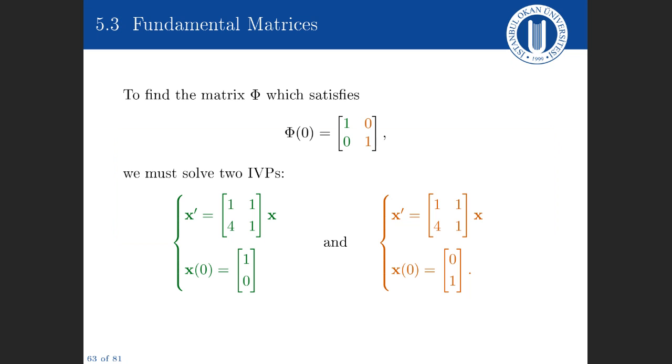In order to get that the first column is (1,0), we need to satisfy the initial value problem where the initial condition is (1,0). And to get that the second column is (0,1), we're going to need to be solving an initial value problem with the initial condition (0,1).